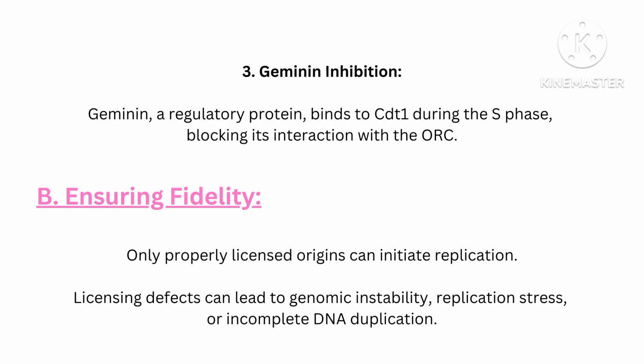Geminin, a regulatory protein, binds to CDT1 during the S phase, blocking its interaction with the ORC. B. Ensuring fidelity. Only properly licensed origins can initiate replication. Licensing defects can lead to genomic instability, replication stress, or incomplete DNA duplication.